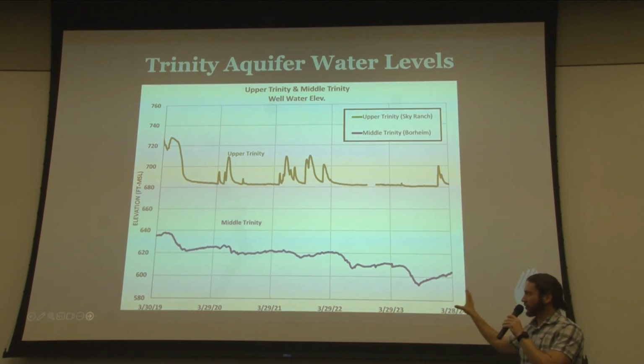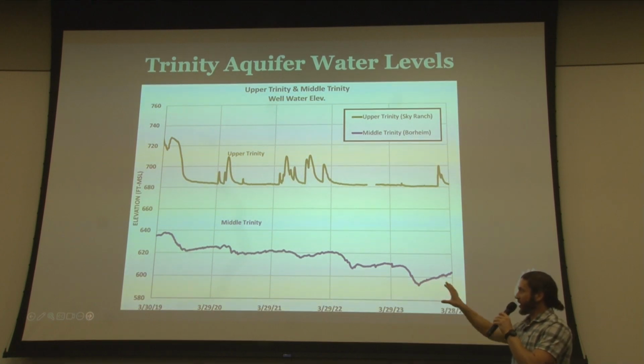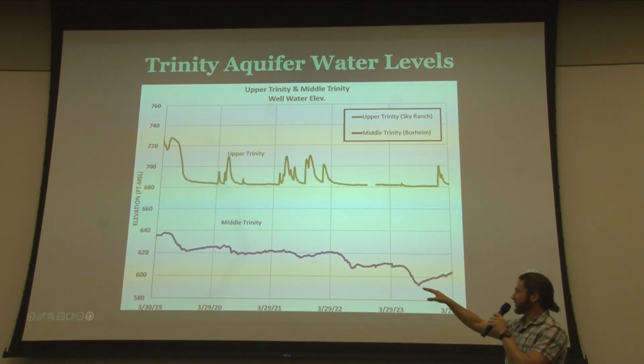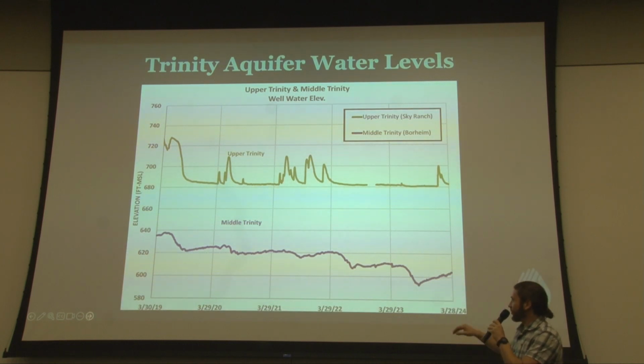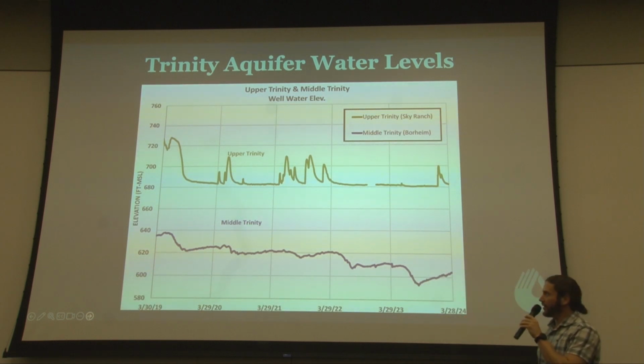But if you look at the overall trend for the last 5 years, since we've entered this drought period, the overall trend is down. You can track the valleys and the peaks. And we actually haven't yet recovered back to our 2023 groundwater levels.